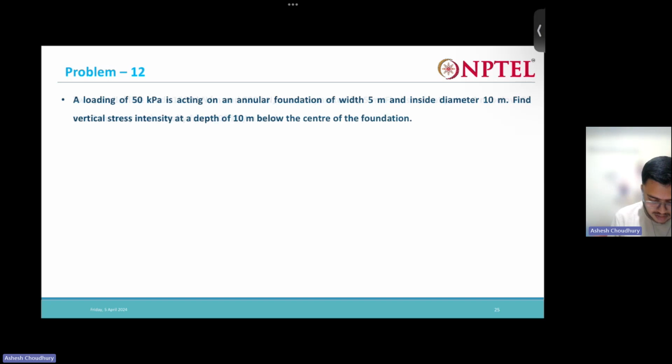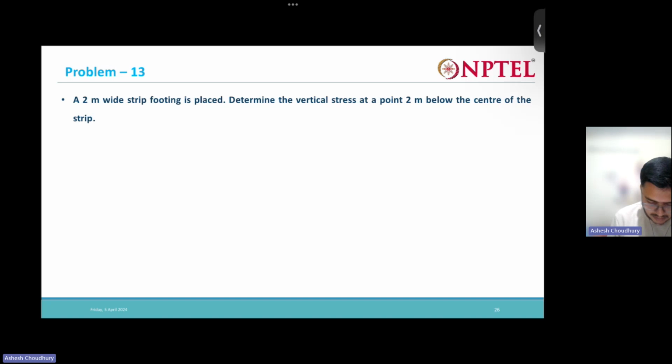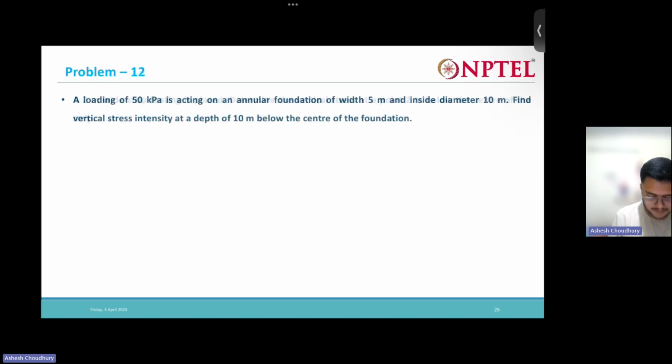Next, a loading of 50 kPa is acting on an annular foundation of width 5 meter and inside diameter 10 meter. Find the vertical stress intensity at 10 meter below the center of the foundation. So annular foundation means something like this.